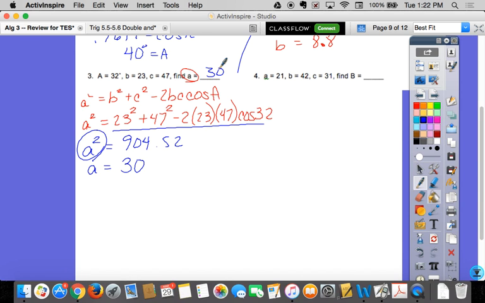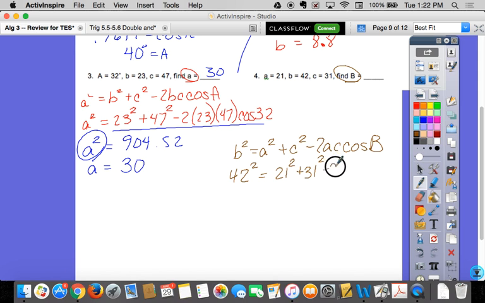All right, come to the next one, we're finding b. So b squared equals a squared plus c squared minus 2ac cosine of big B. Plug in what you know: 42 squared, 21 squared, 31 squared. It'd be a 21 and a 31 because they're right here. And then I don't know cosine of b.